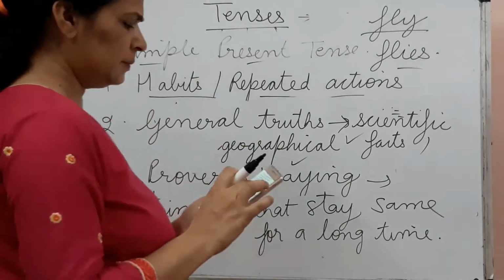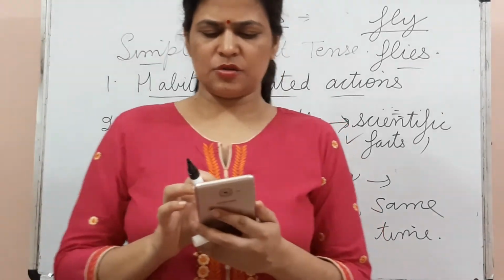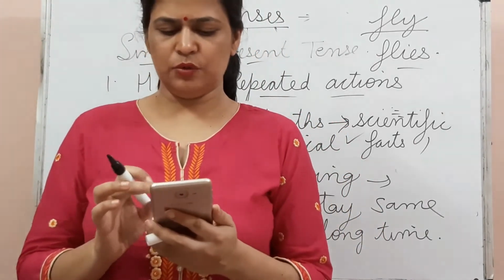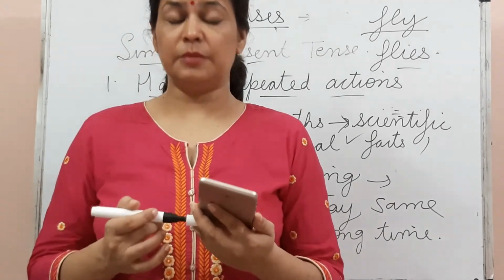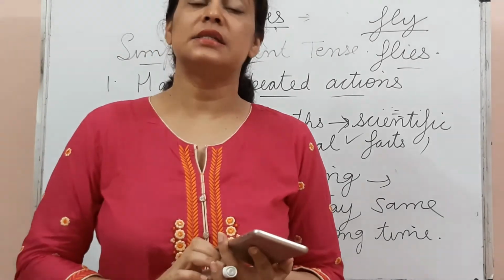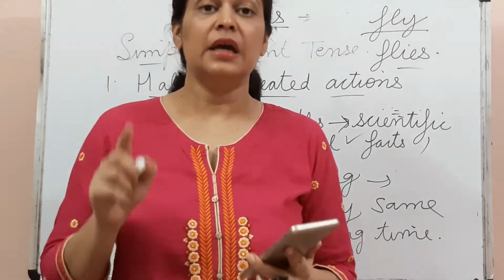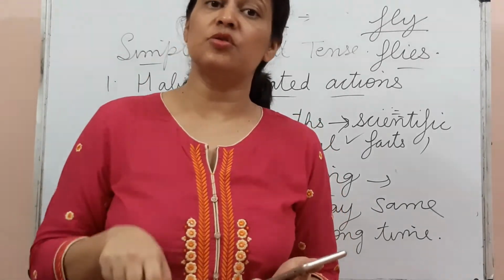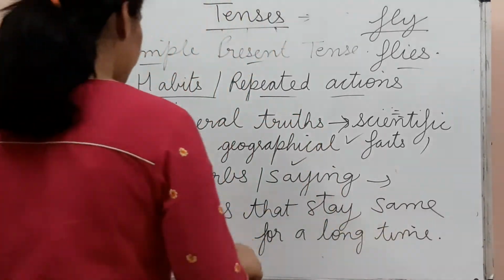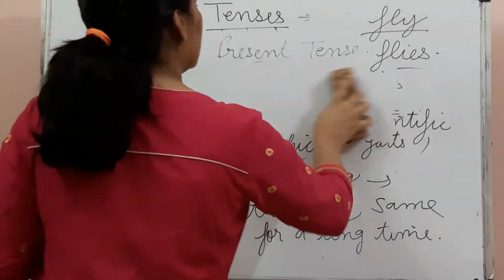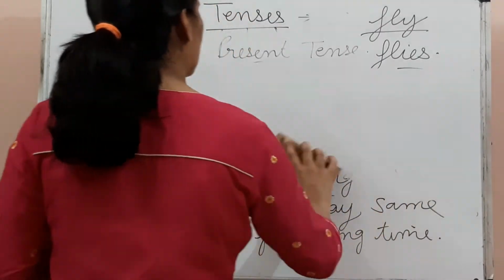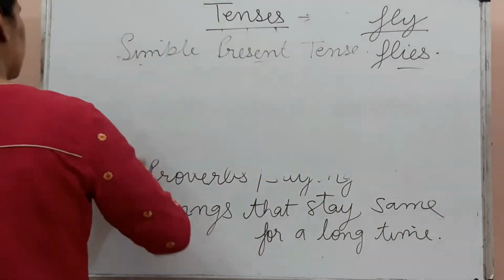Moving on, something else has also been added here. The simple present tense is also used to talk about the future based on official timetable. Now this is simple present tense, but simple present tense can also be used to tell you future actions. Which kind of future actions? Actions which are going according to a timetable.